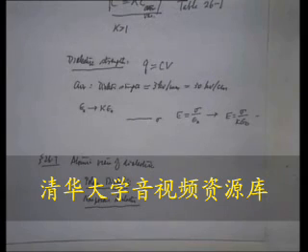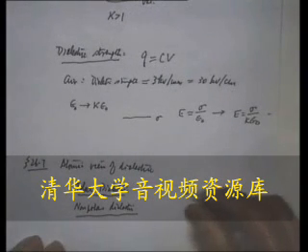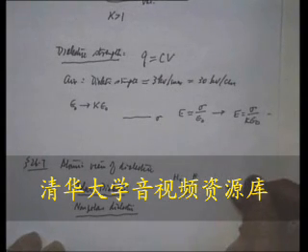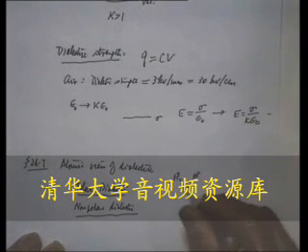Polar dielectric consists of molecules which have an electric dipole in them. For example, water. A water molecule consists of oxygen and 2 hydrogen. You all know that the hydrogen are positively charged, the oxygen is negatively charged.